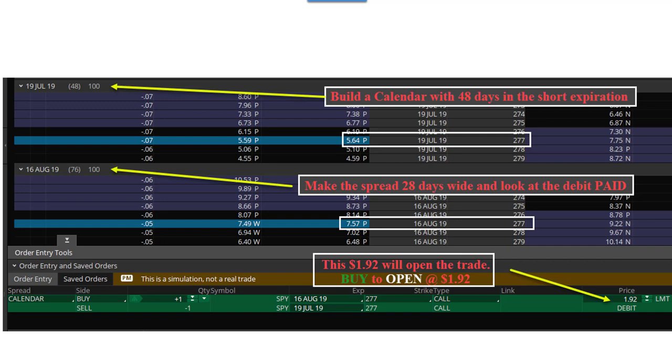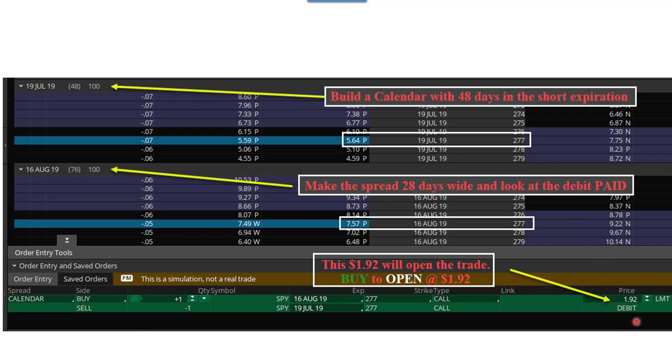Well, first, I would want to build the trade, and I would take care to recognize the dates until expiration and the days between the strikes that I'm going to use. So in this example, if I'm building a calendar with 48 days until expiration, and I'm using the 277 call strikes, and I make the spread 28 days wide, I want to go and look at the debit for this trade.